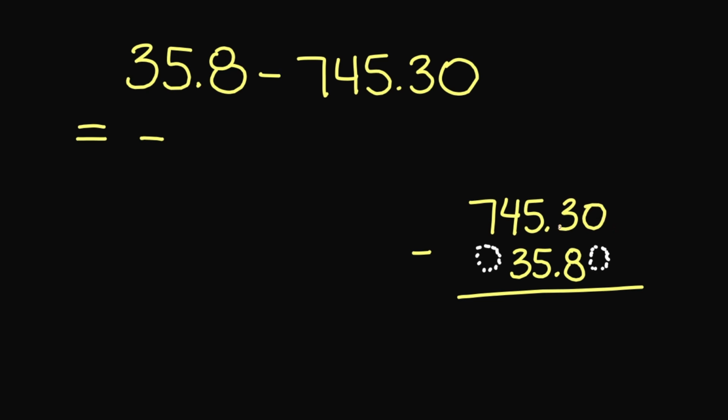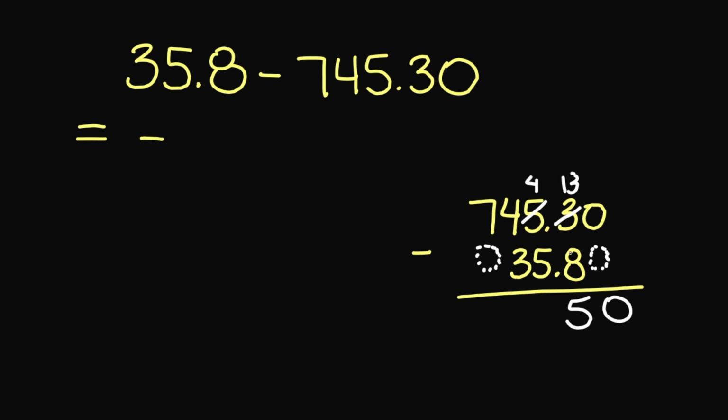So we have 0 minus 0 is 0. 3 minus 8, can't do that, so I need to borrow. This 5 is going to become a 4. This 3 here is going to become a 13. So now we have 13 minus 8, and that's going to give me 5. 4 minus 5, can't do that.